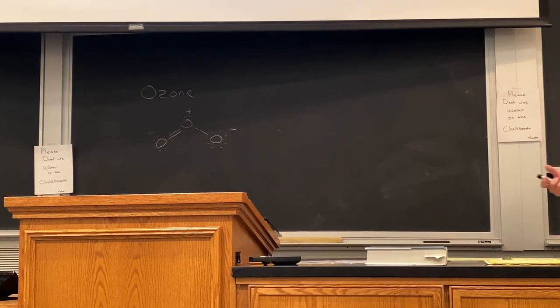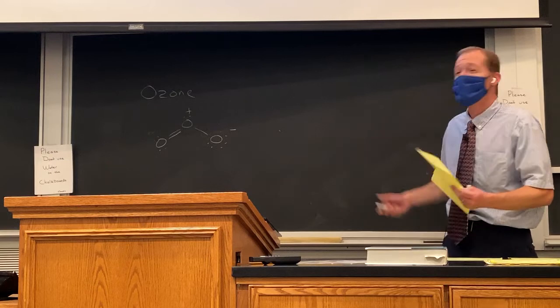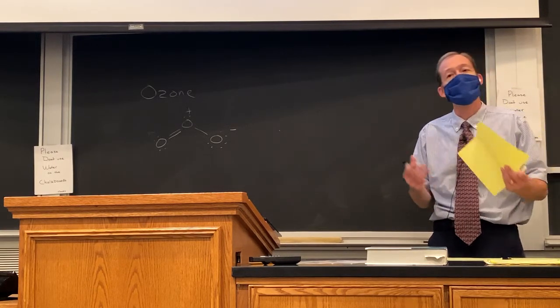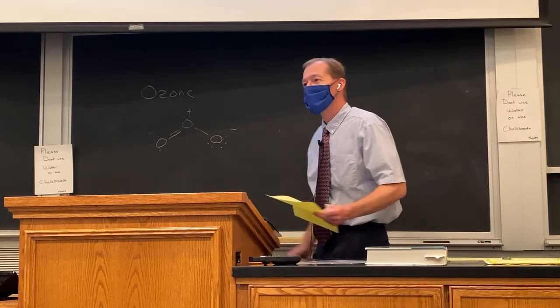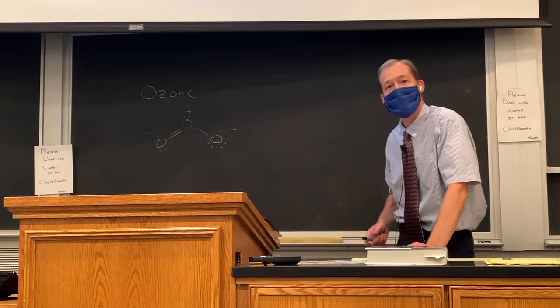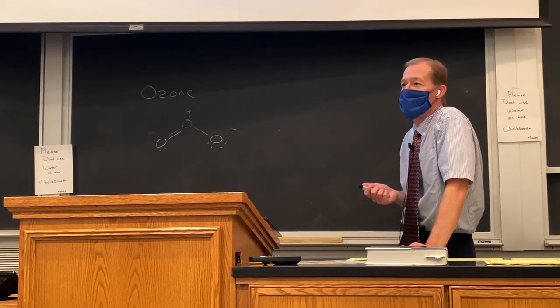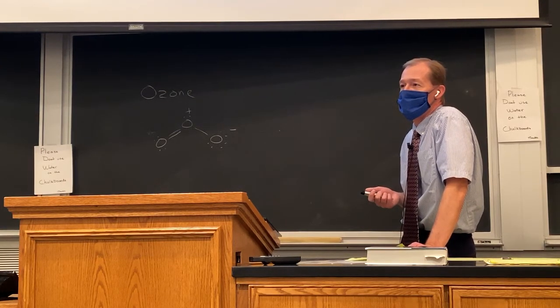Who would like to raise their hand and explain how ozone can have this Lewis structure but have identical oxygen-oxygen bond lengths? Yes, please. Well, it's ambiguous where you could draw the double bond, so the other oxygen could also be the same chemical structure. So what's actually happening is the bond is spread throughout the whole molecule.